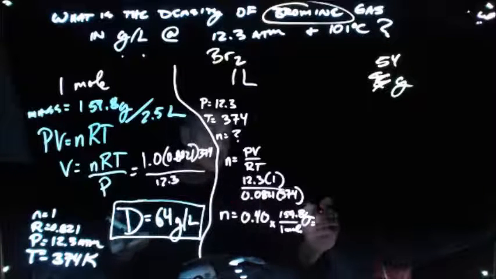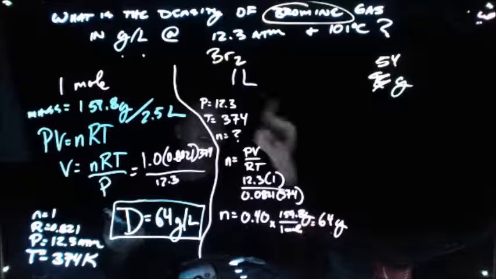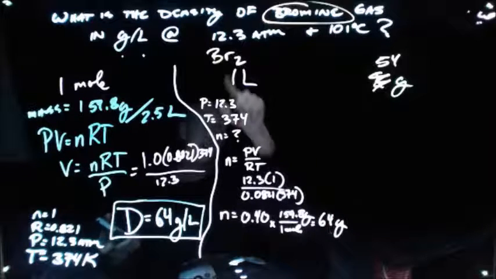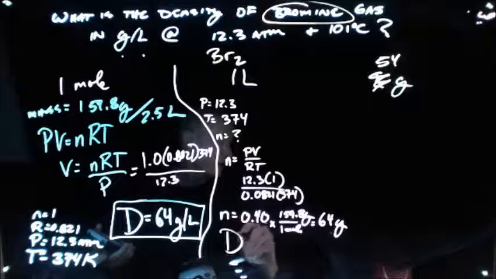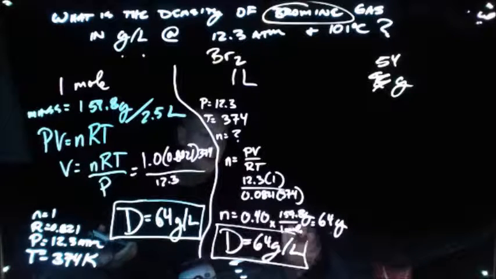So it comes out to be 64 grams, and that's 64 grams in 1 liter. 64 divided by 1, we get density is 64 grams per liter. All right, that's that way.